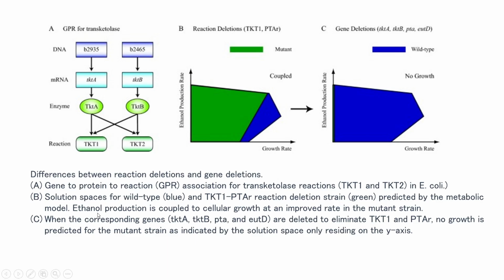And also, when all corresponding genes are deleted to eliminate this particular reaction, there is no growth predicted for the mutant, because you see this is the solution space of the mutant. There is no growth. Those were important genes inside the cell which were contributing to different reactions, and when you knock them out, what you get is a lethal phenotype.